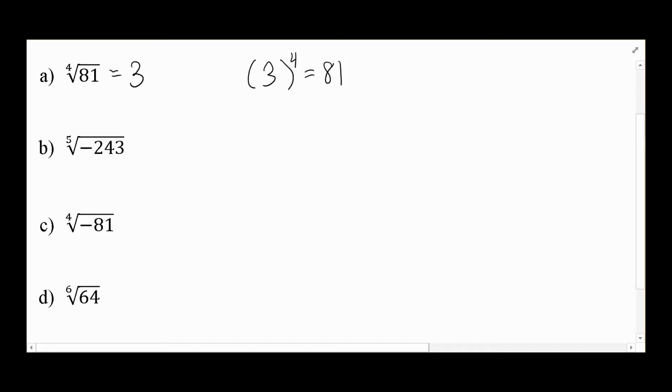So we can actually do this problem, is the point. There does exist a number that when I raise it to the fifth power, the answer is negative 243. And I know that number is going to be negative. So really, I want to focus on something to the fifth power that is 243.